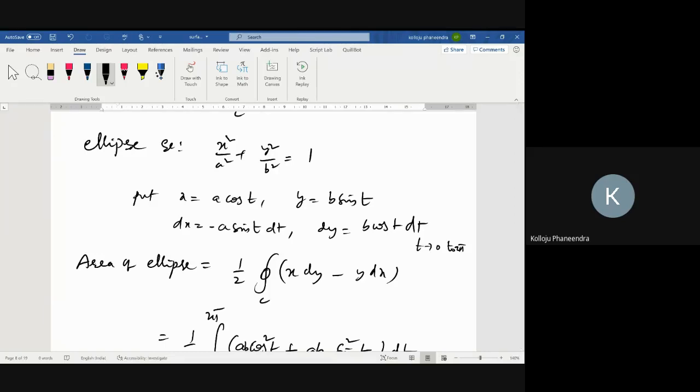In the next class, I will complete Stokes theorem, and on Saturday I will also take 1 hour for the last theorem, Gauss divergence theorem. Any doubts? Shall I stop?